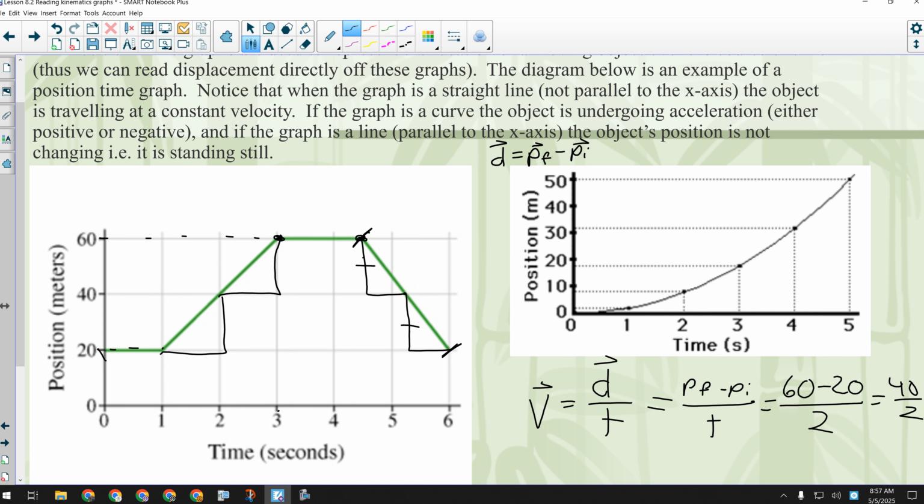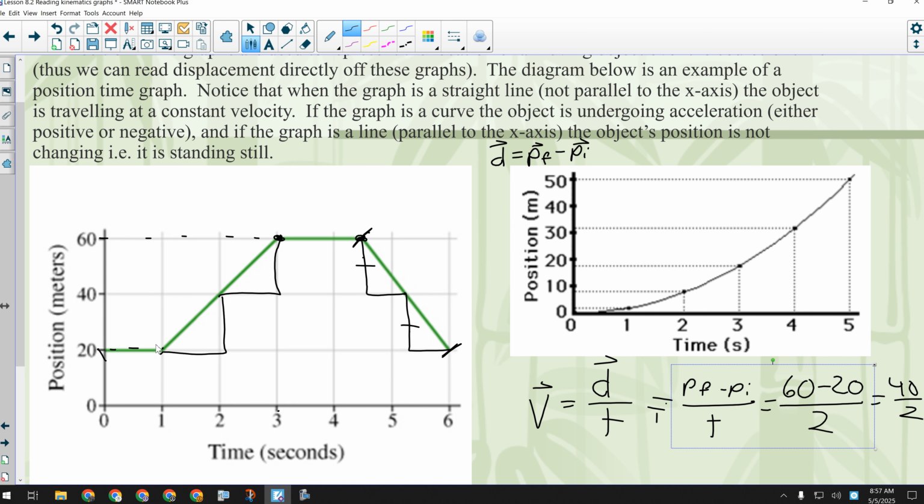That's, in this case, a constant velocity, because velocity is your change in position over time. And if that's a constant rate, okay, that's what that's showing. All right, in this case, it's moving backwards. How do I know that? It goes from 60 to 20, right? It backtracks what it did before.